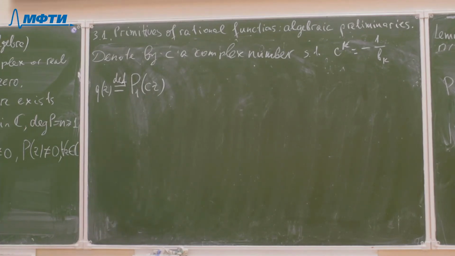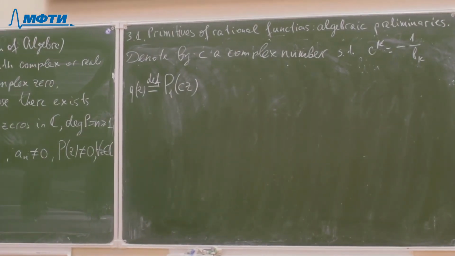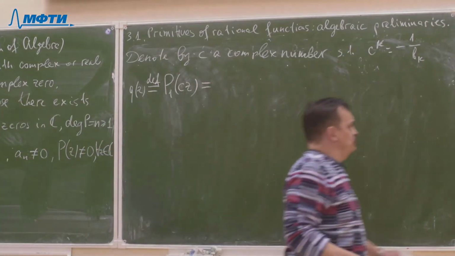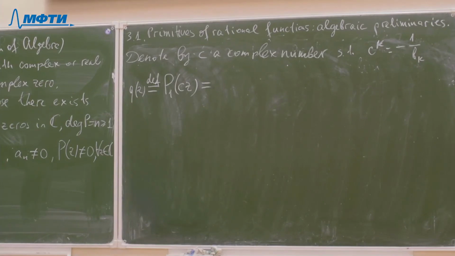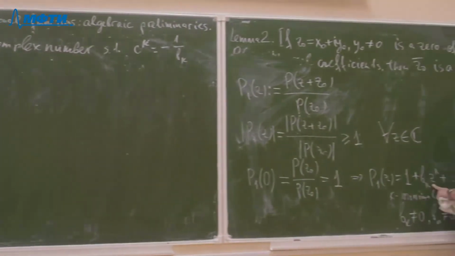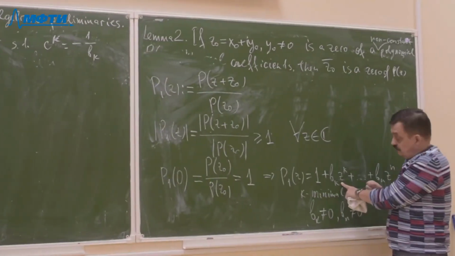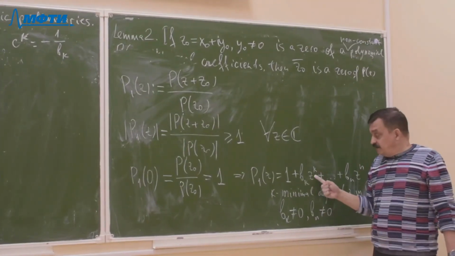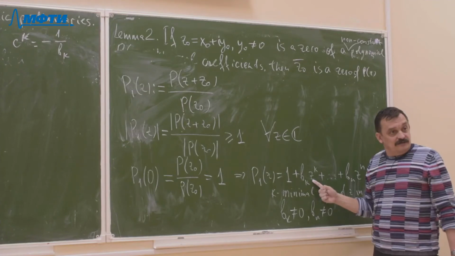Let's understand what it is. I want to substitute here instead of z, cz. What will we obtain here? c to the power k times z to the power k, right?